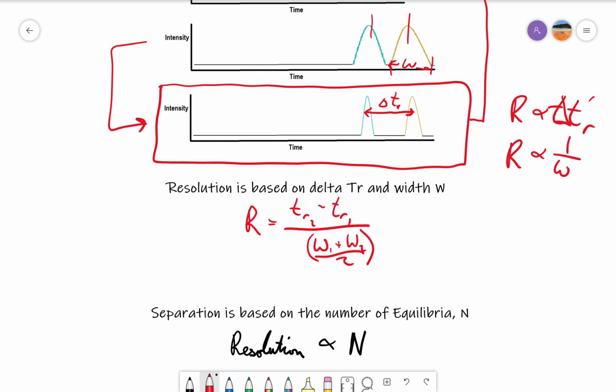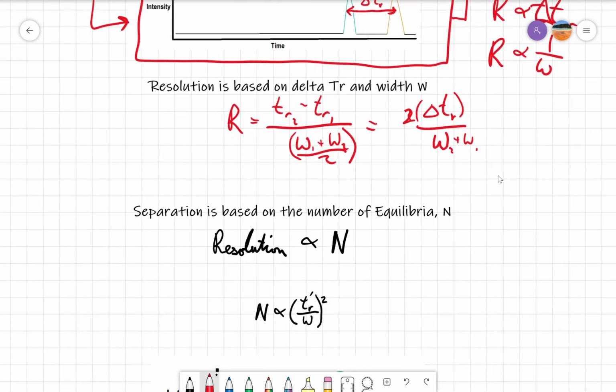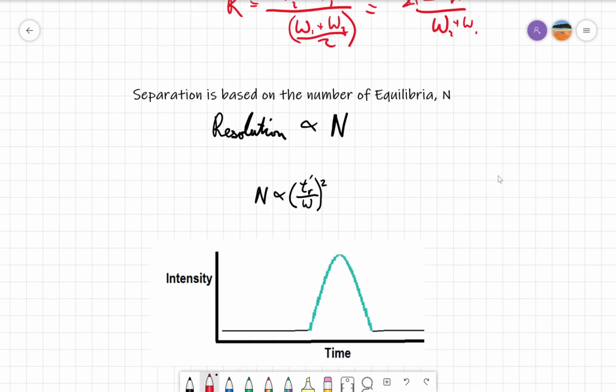So that would be the average width of the two peaks, which gives us the delta TR over width 2 plus width 1 divided by 2. Sometimes you see it written that way. Either way you write it, it's a fairly easy thing to calculate for a chromatogram.